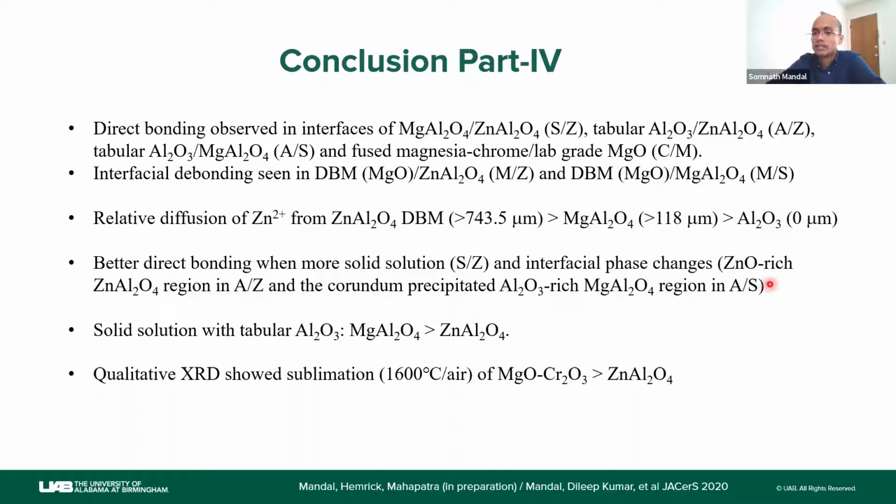For solid solution with tabular alumina, we found that spinel goes into higher solid solution than zinc aluminate, and quantitative XRD showed that sublimation of magchrome is much higher than zinc aluminate.